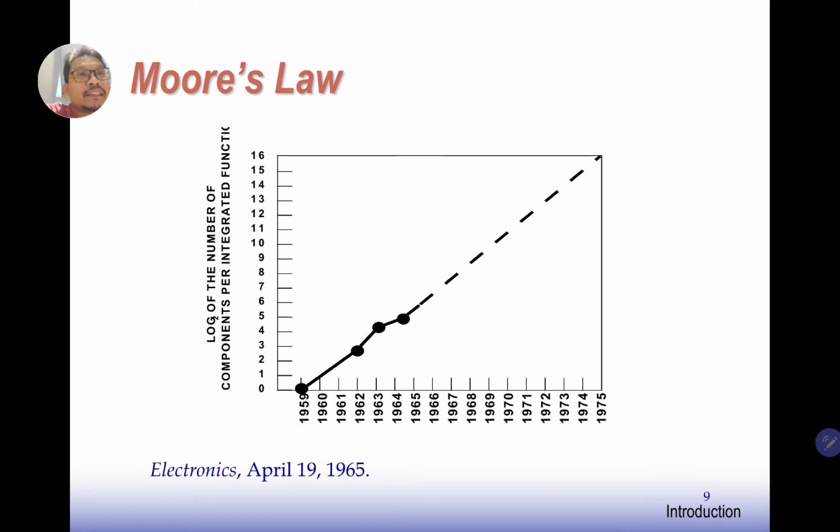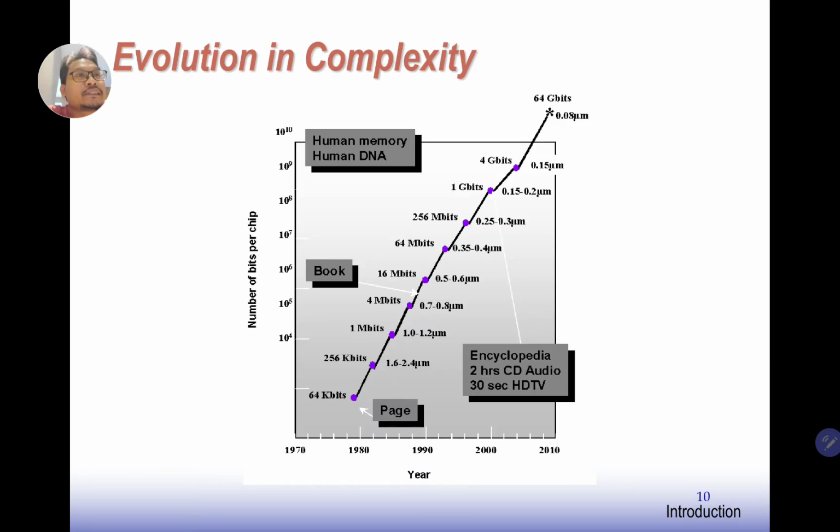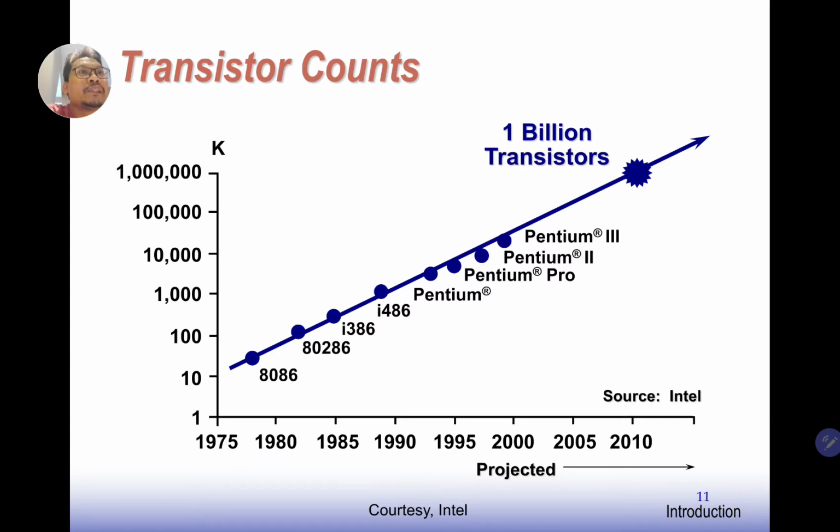As we can see there, the number of transistors basically doubles every 18 months. The evolution in complexity. I'm not going to go through this one. Transistor count. As I said, this is quite an old slide.